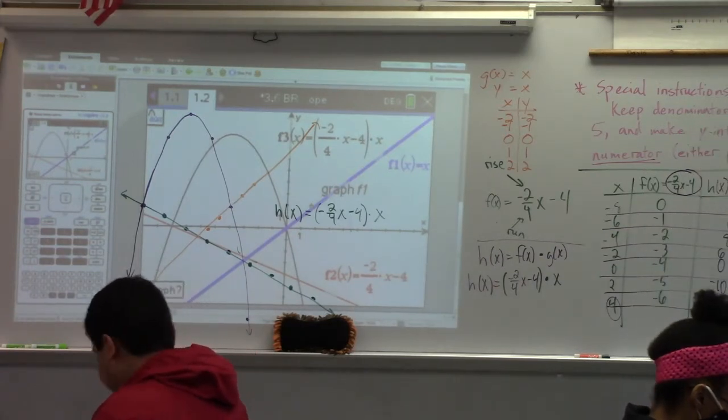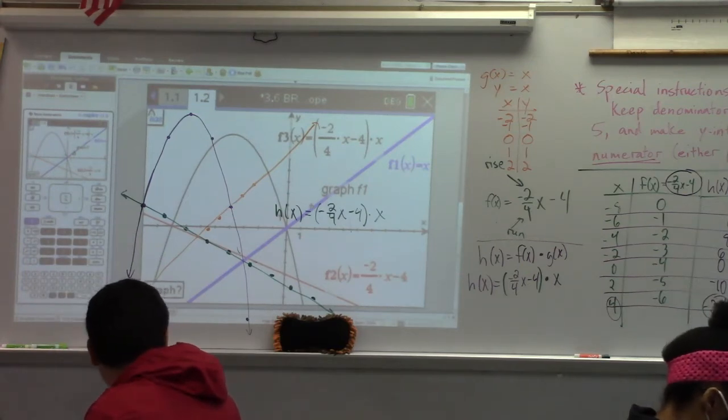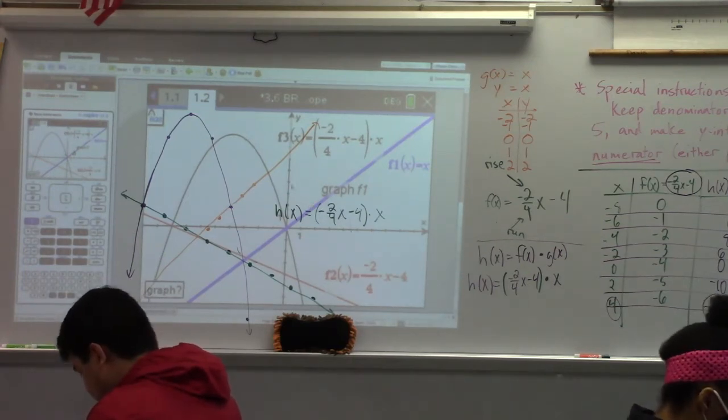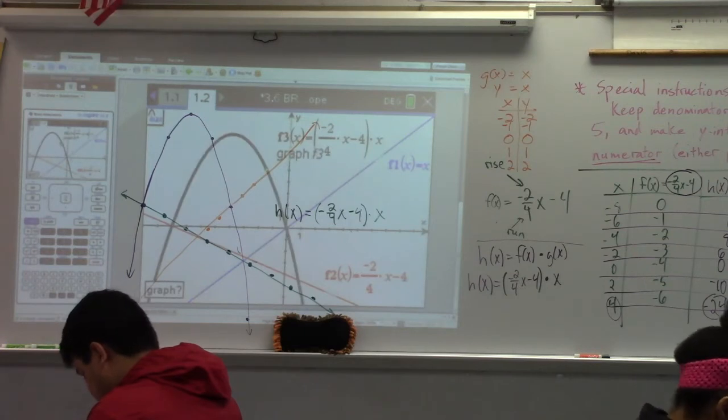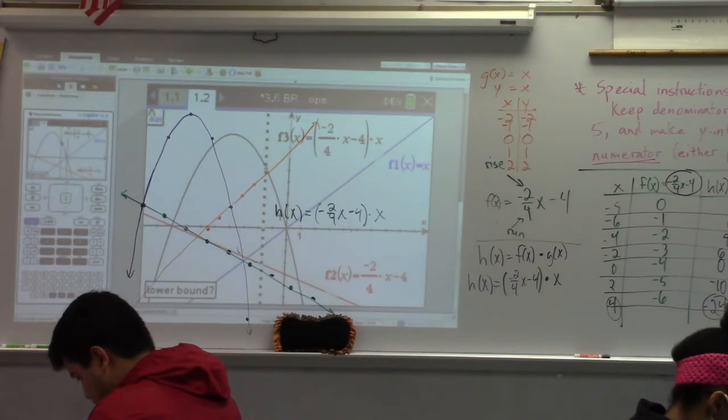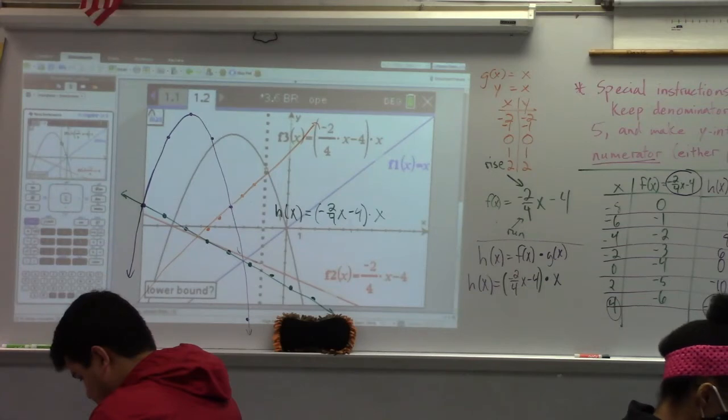What does it say? Graph. What do I do then? So how do I select the graph? Just move the cursor on top and hit enter, or press the touchpad, like press it in. Make sure you click on that parabola. There you go. And it says lower bound, so what do I need now?